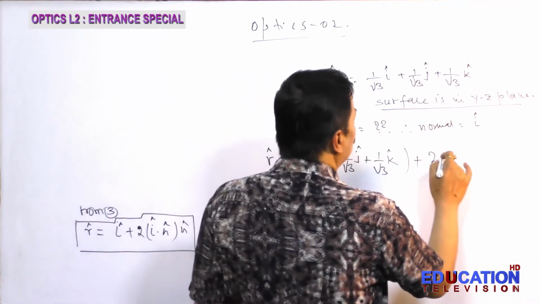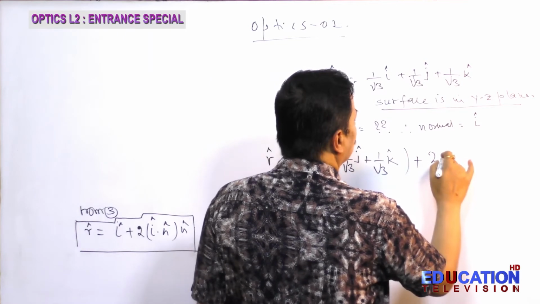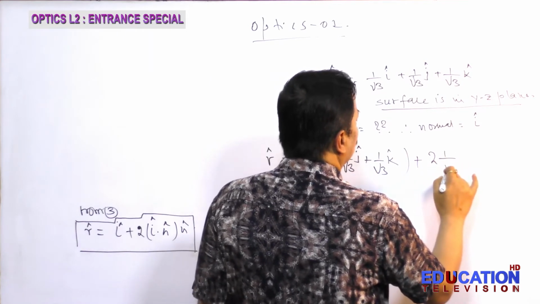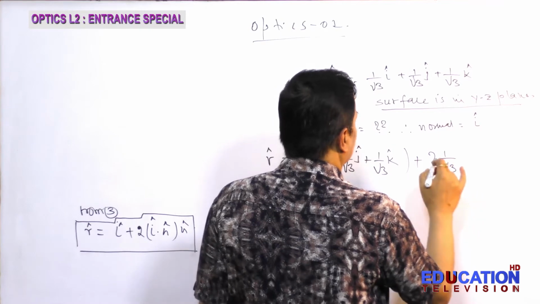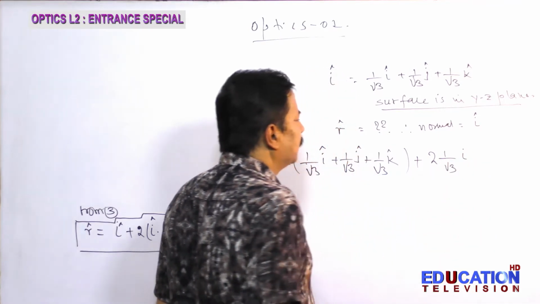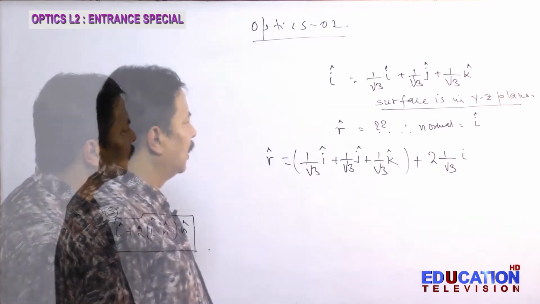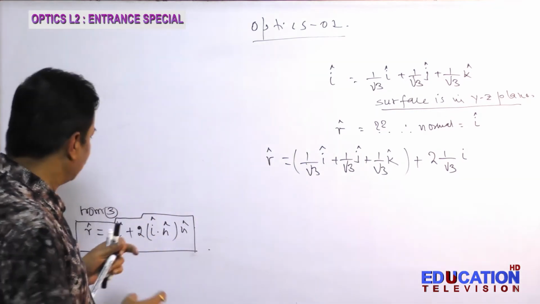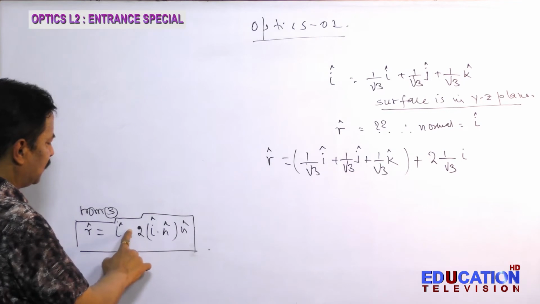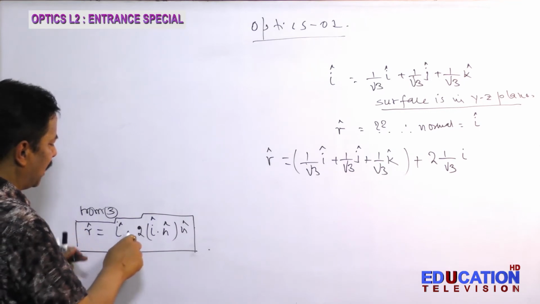So 2 into 1 by root 3 i. Here I have made a calculational mistake. Here it should be minus. Check it.